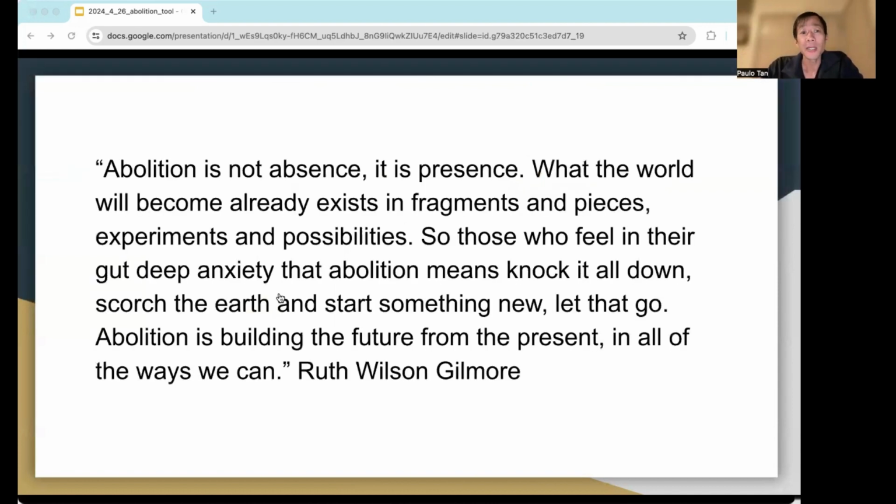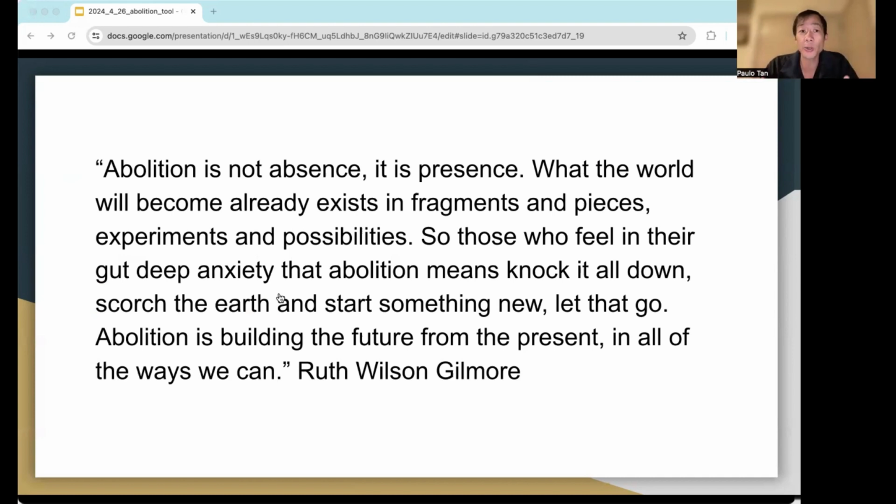Okay, so this is a quote that I read in the last presentation that I'll read again, because I think it's important to note how I am approaching abolition in this context. There have been a lot of folks who've done so much awesome work with abolition, and I'm really just thinking about that and building upon that and applying that in a particular context.